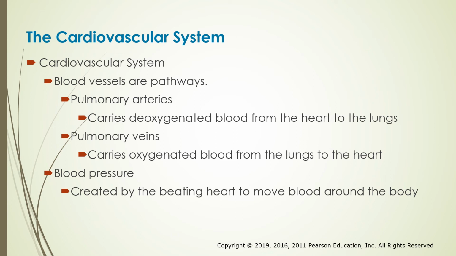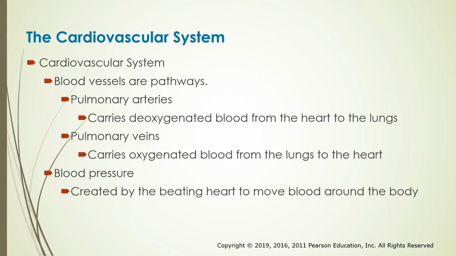It's going away from the heart, so it makes it an artery, but it's unoxygenated because it's going to the lungs to get oxygen. Then your pulmonary vein, while it's a vein, it has oxygenated blood. So it's pulmonary, so it's coming from the lungs, going to the heart, so that makes it a vein, but it happens to be oxygenated this time because it's coming from the lungs with oxygen.